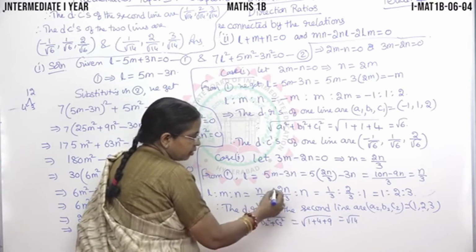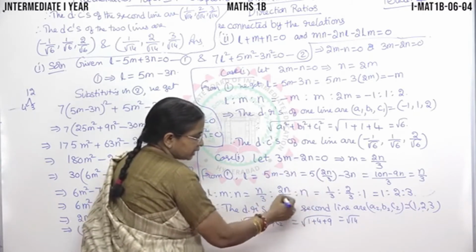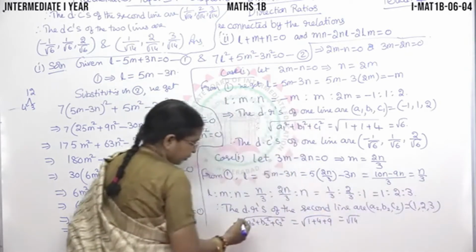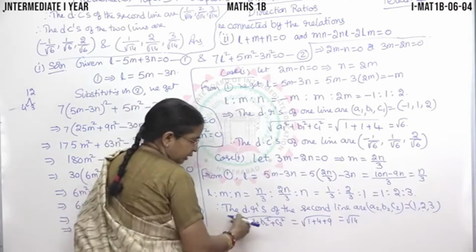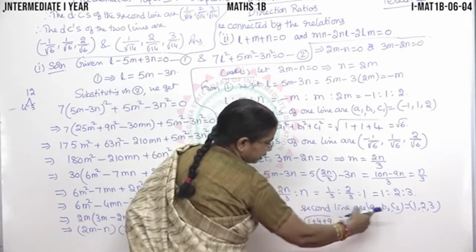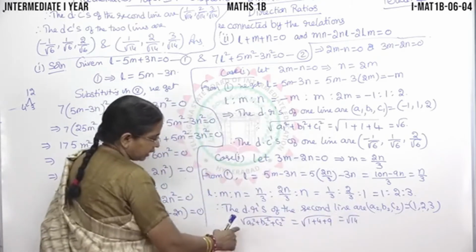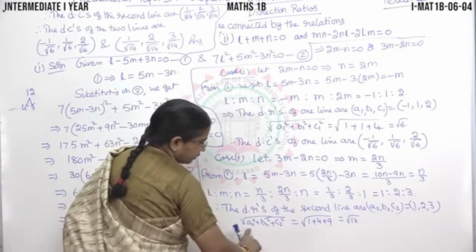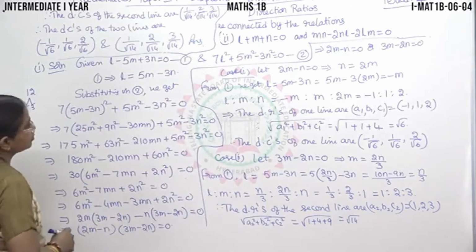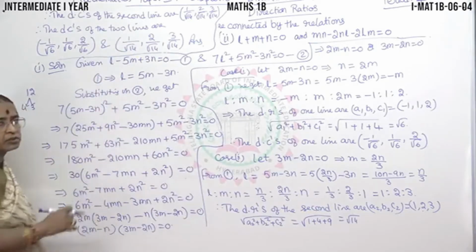So multiply all the ratio values by 3. Then you will get the ratio in the simplest form. Then write the direction ratios. These values become the direction ratios of the second line. Then you find out this value and then write the direction cosines of the first line and the direction cosines of the second line like this.